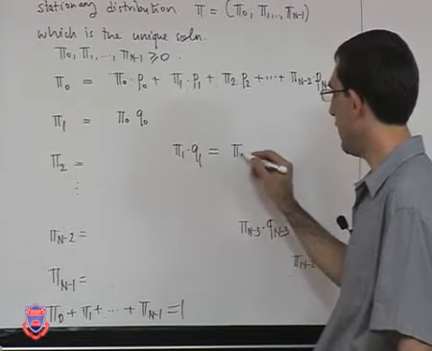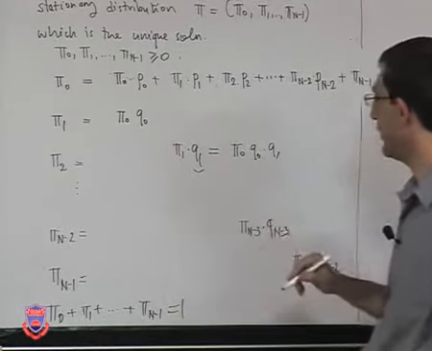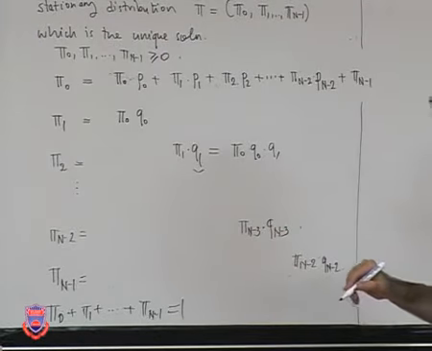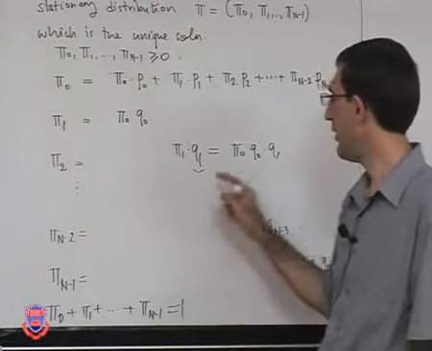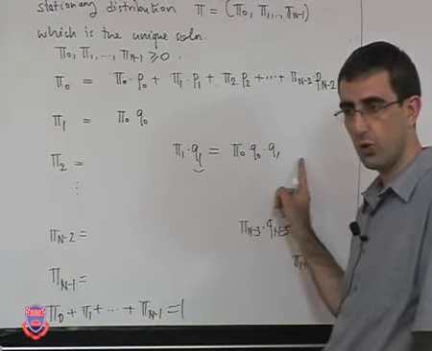So, this is pi 0 times q0. Now, there is q1 here. I have q0 times q1, right? And for pi 3, you will have pi 0 times q0, q1, and q2, right?